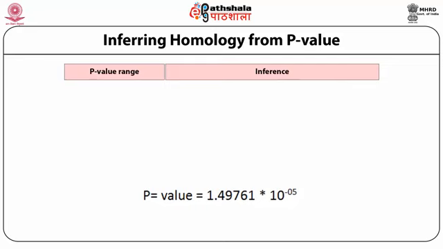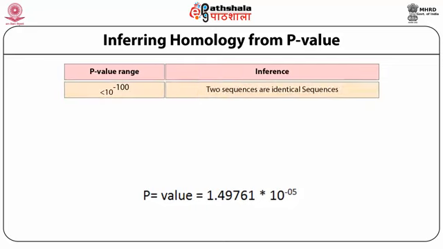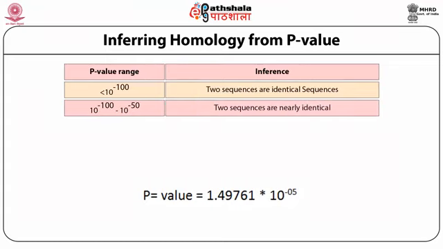When the p-value is less than 10 raised to the power minus 100, then the two sequences are exactly identical. When the p-value is between 10 raised to the power minus 100 and 10 raised to the power minus 50, then the two sequences are nearly identical.